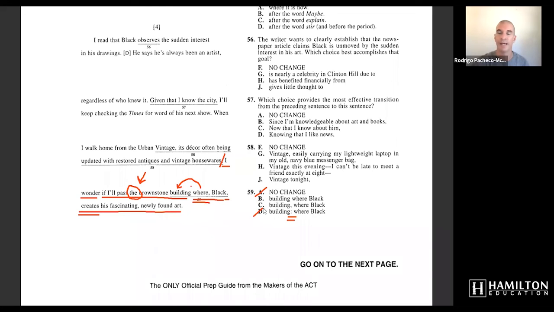And so we don't want to add a comma, because adding a comma would treat these elements as non-essential, right? But if we treated these elements as non-essential, then the sentence would not make as much sense. So we're going to eliminate C, and that leaves B as our correct answer.